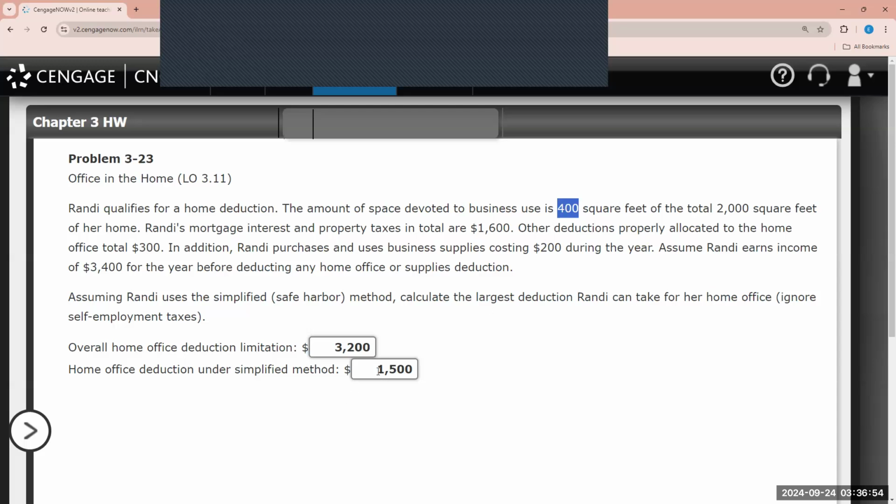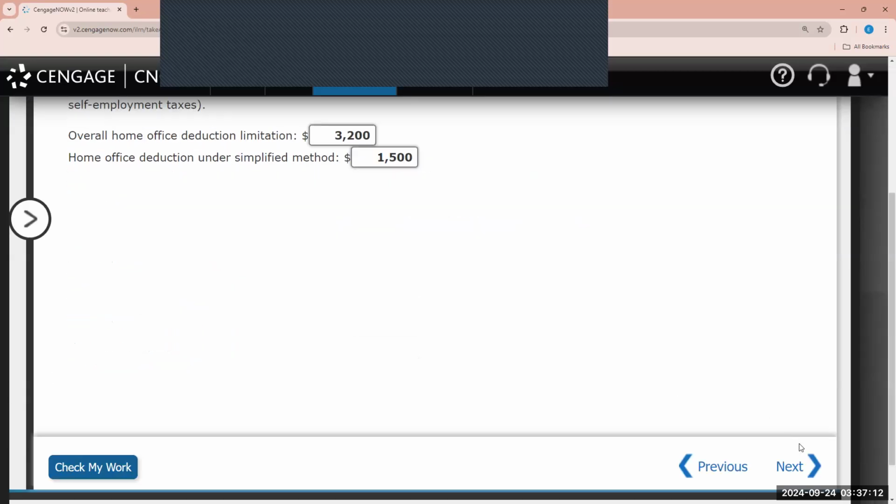So 300 times 5 gave us this 1,500. The 3,400 shows us her profit, but then they threw in a little trick. This $200 does not impact the home office expense. It is an ordinary expense. So that is how we calculated the overall home office deduction limit.